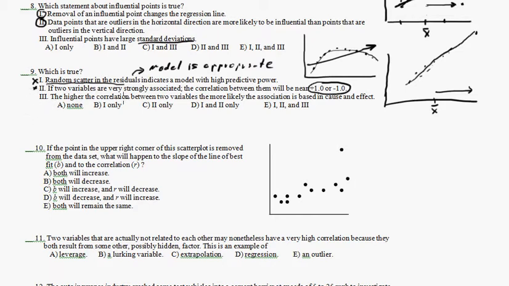The higher the correlation between two variables, the more likely the association is based in cause and effect. So no, that's not true.